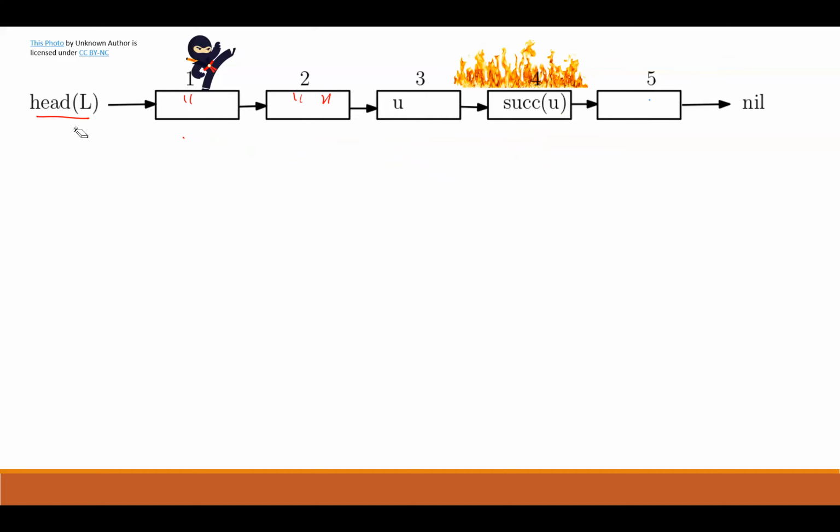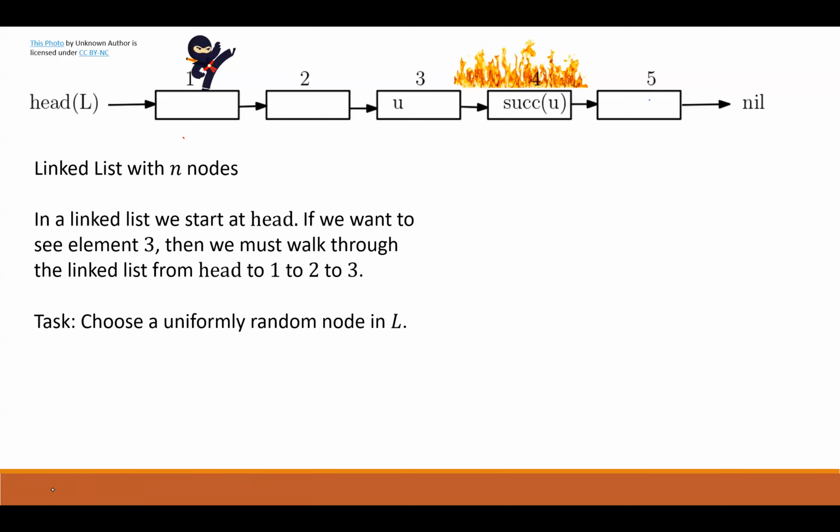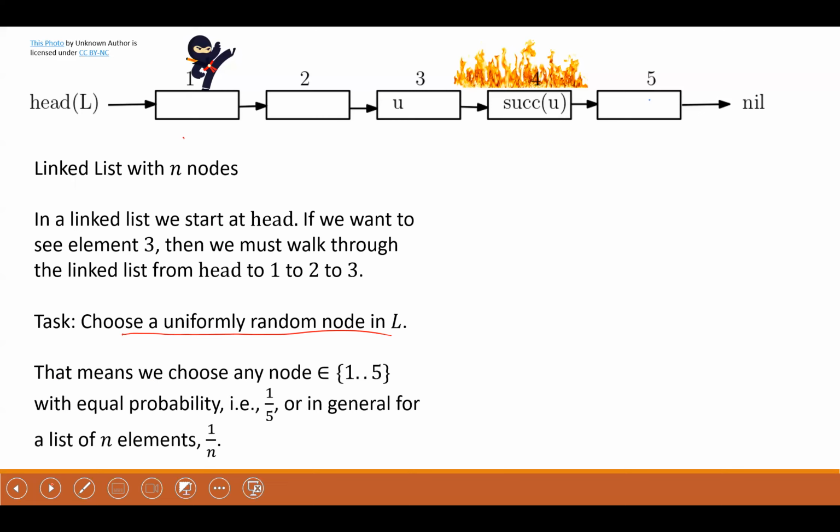Okay, so in this linked list, what we want to do is return one of these elements uniformly at random. This algorithm in particular, I don't know if it gets used itself, but versions of it do get used, and I'll explain the context. But I want to choose a uniformly random node from this list.